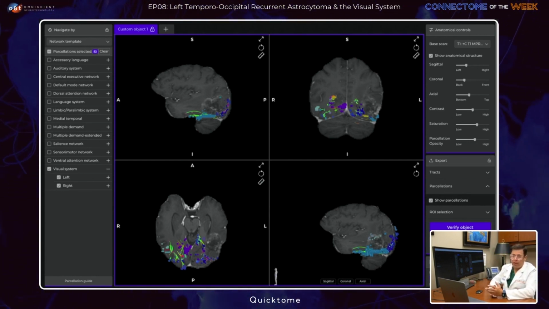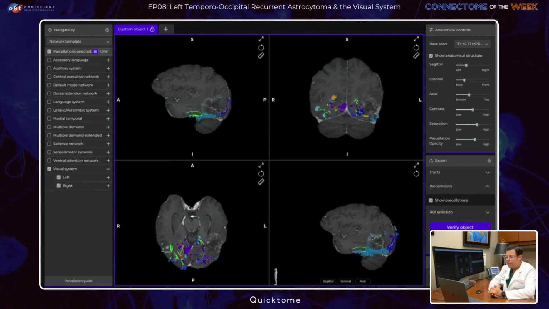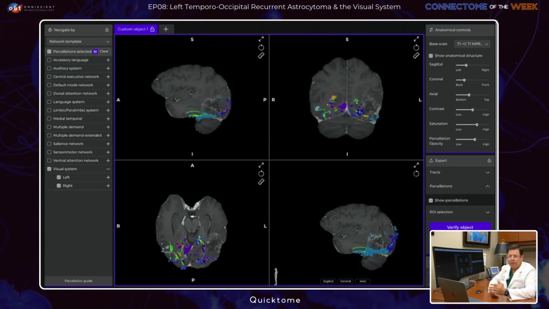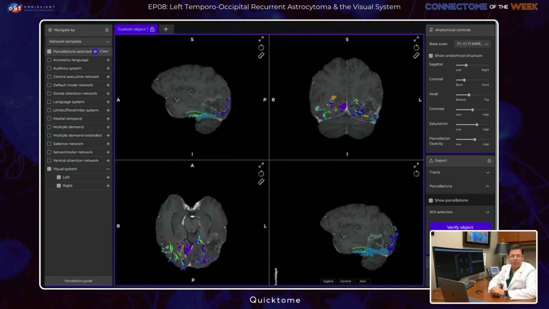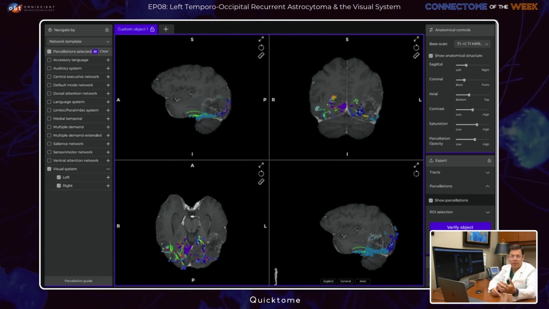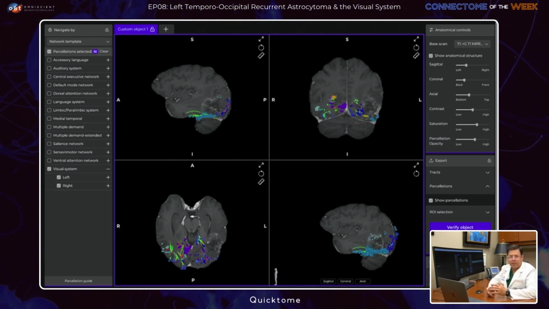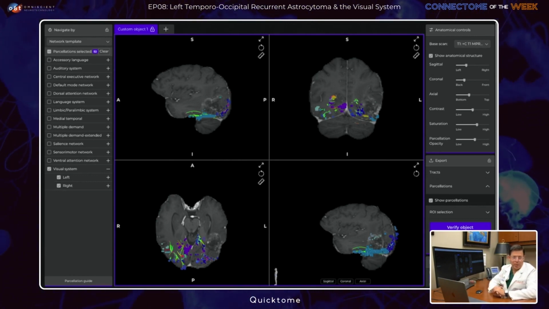The dorsal pathway, however, is the how pathway, and this preserves perception of movement, motion, and depth. So if you're driving a car and trying to understand the depth to the next stop sign, and interpret this and make decisions, this is the part that's going to help you.